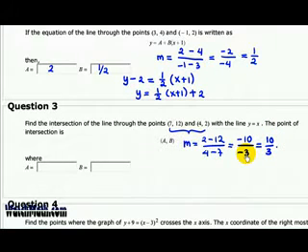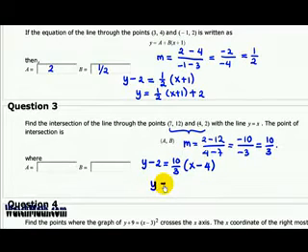This is the slope, and so the line passing through the 2 points in point slope form will be, I will take this point, y minus 2 equals 10 over 3 times x minus 4. So y is equal to 2 plus 10 over 3 times x minus 4.